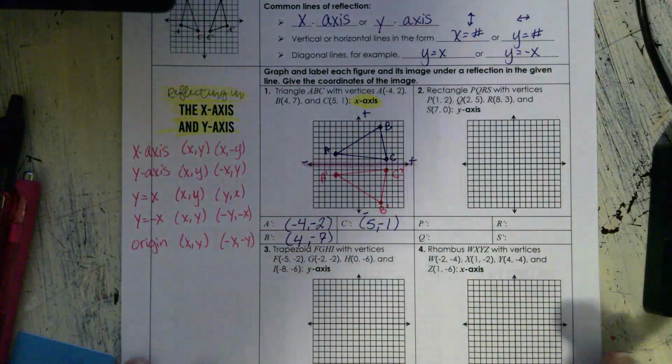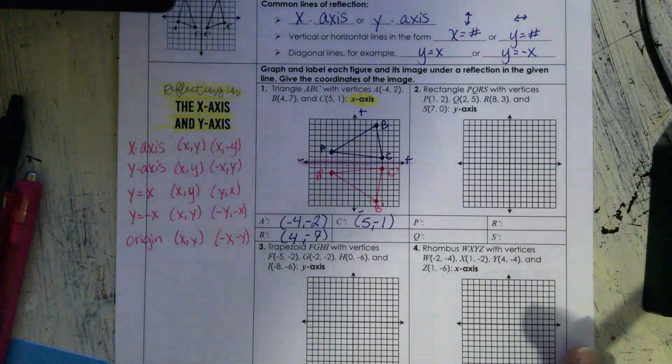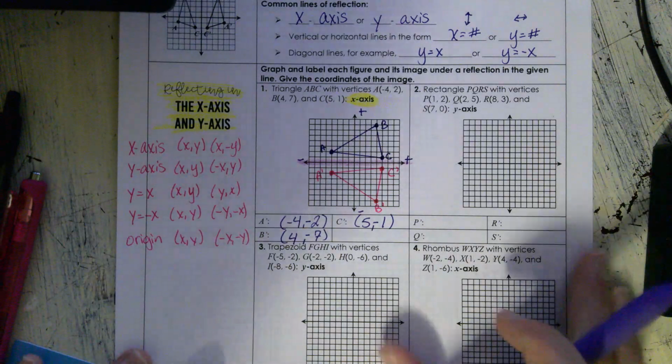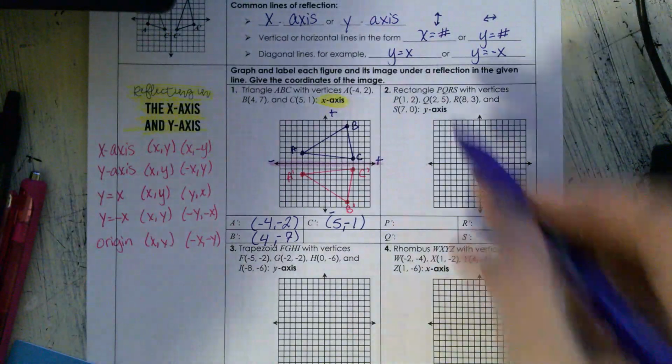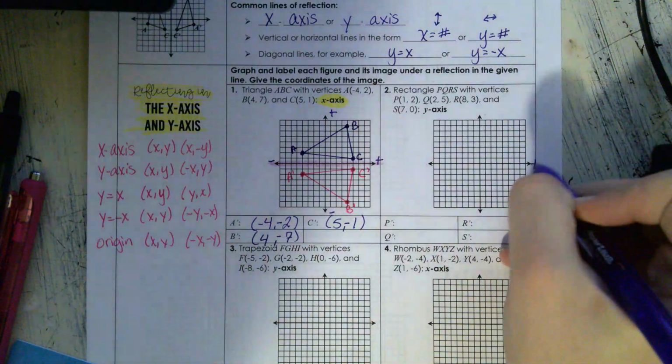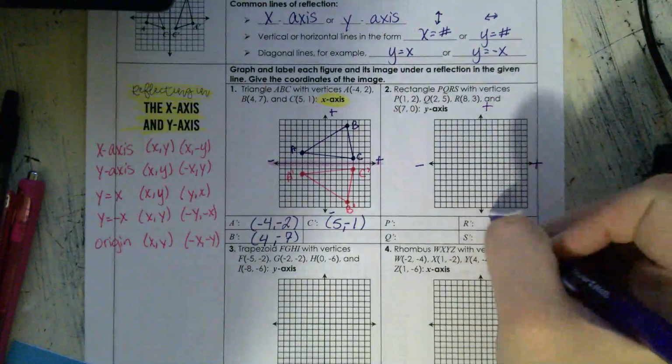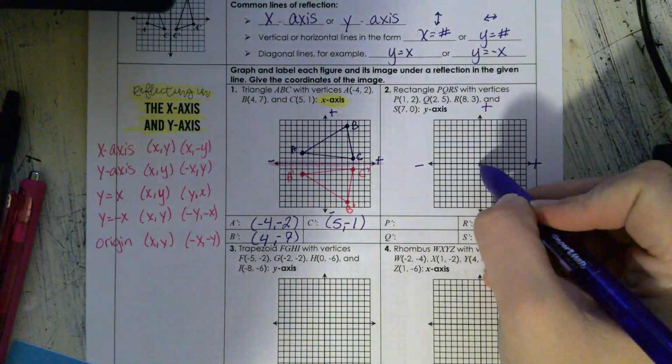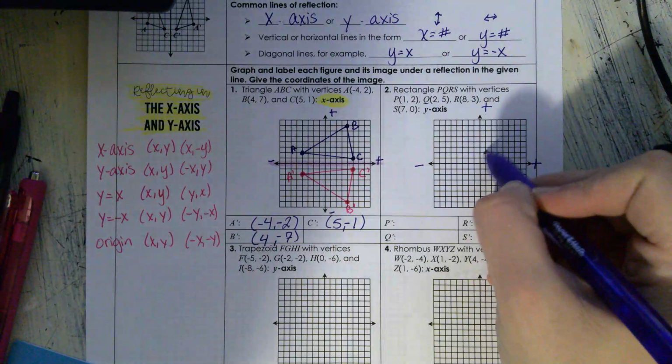Okay. Let's try the next one. We're graphing a rectangle here. My pre-image: remember, positive, negative, positive, negative. So I'm going to start at the origin. I'm going to walk 1, climb 2.